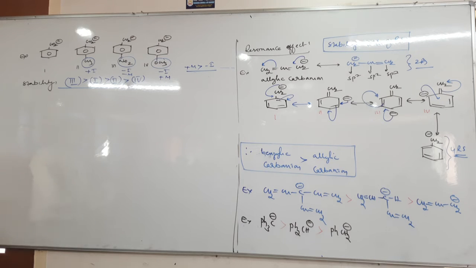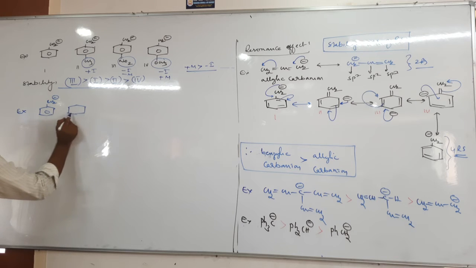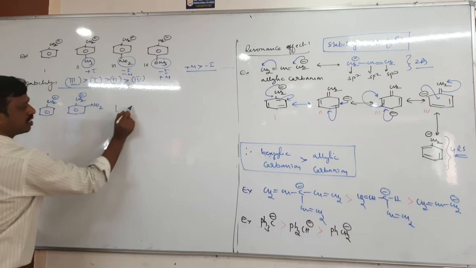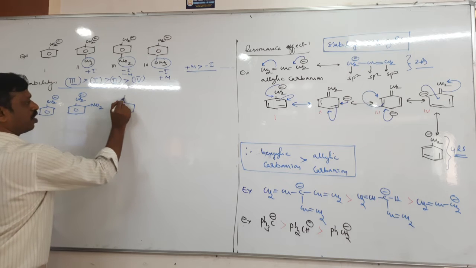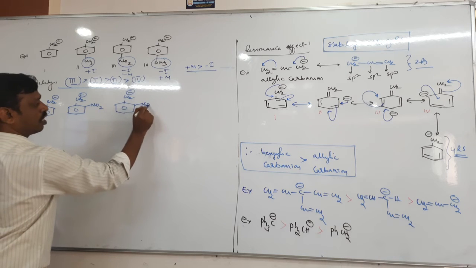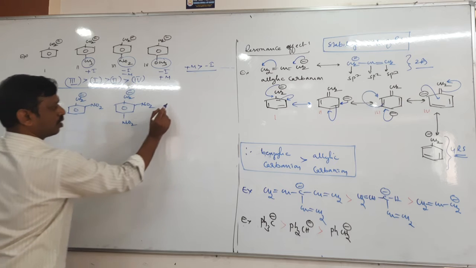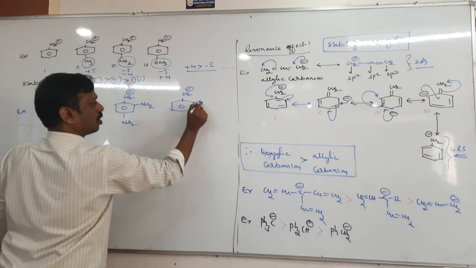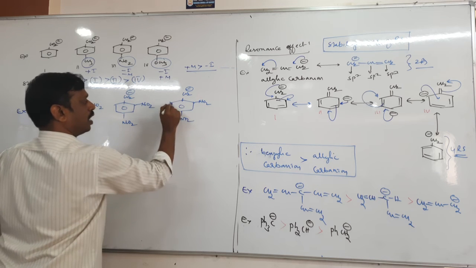Okay, it is about resonance effect. And see, suppose one more. If the number of electron withdrawing groups increases, like a benzyl carbanion having 1 NO2, benzyl carbanion having 2 NO2 at ortho and para, and benzyl carbanion having 3 NO2 at ortho, para and ortho.